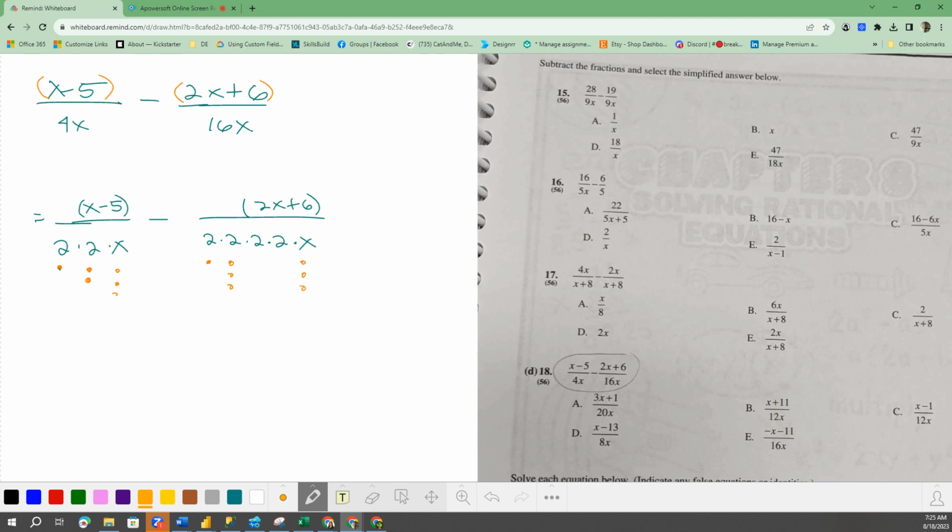Well, you have two other twos, so this one is different. 1, 2, 3, 4. This is 1, 2, 3, 4, 5. So you know there should be 5 numbers in your new denominator. Okay, so what are those? So you have the 2.